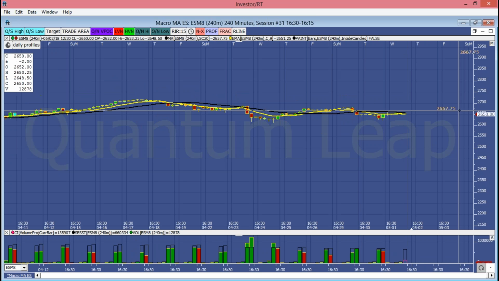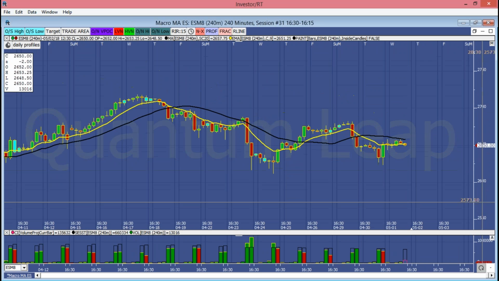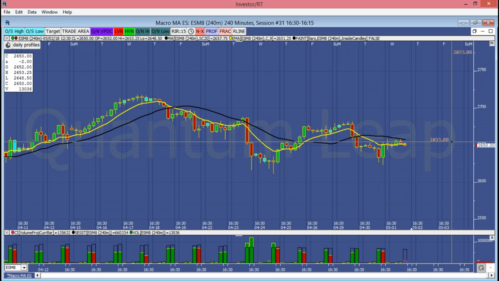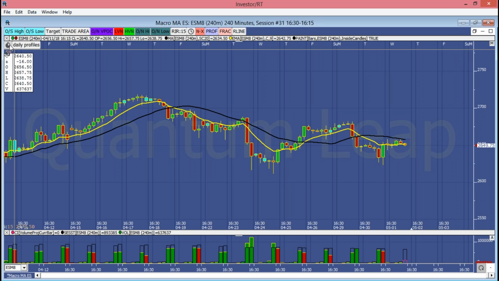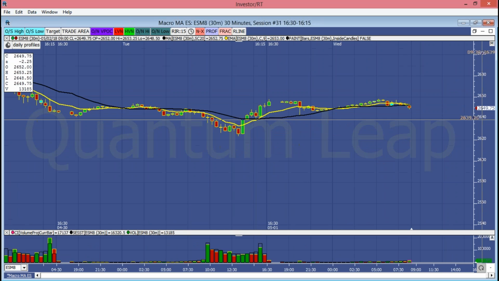Going to the 4-hour, again, it's telling us the same thing. We're in this consolidation, and we're basically chopping and going sideways. But we're having a hard time holding the 9 and 20 right now. And then going to the 30-minute, again, same story.